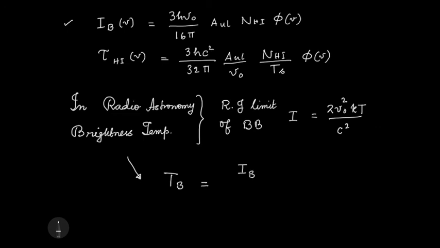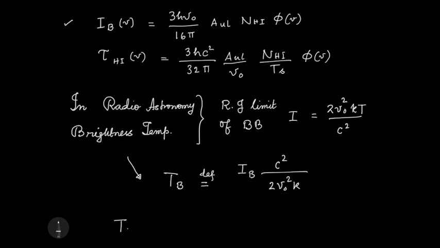So we define the brightness temperature in the following way. We say that I don't care what intensity I have, so it can be the intensity that I measure here. So I multiply it by c square divided by 2 nu naught square and k. T is, yeah.